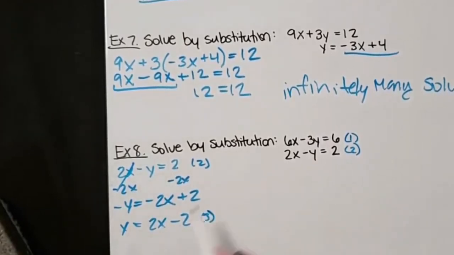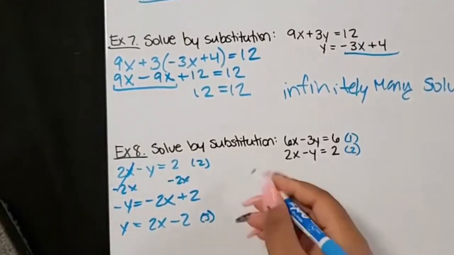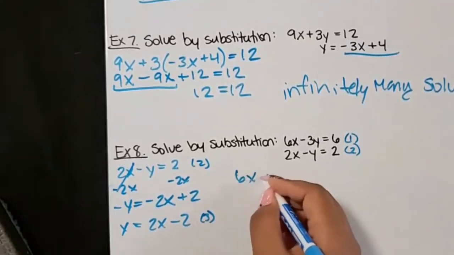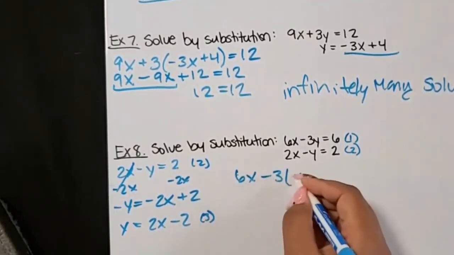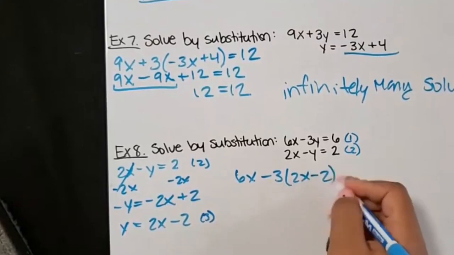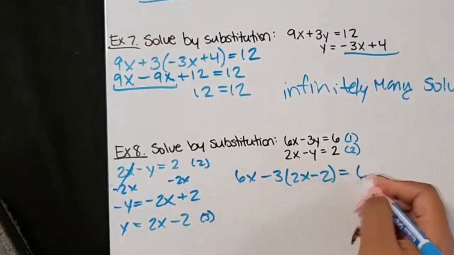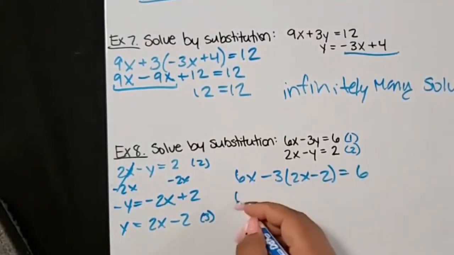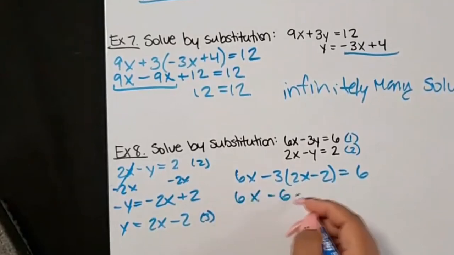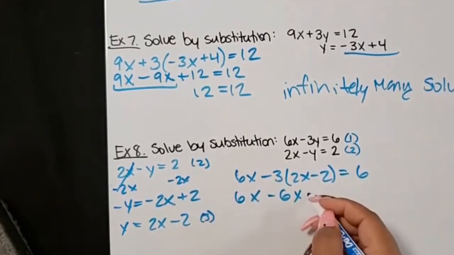Now I'm going to plug this in into equation number 1. We got 6x minus 3. I'm going to plug in 2x minus 2. We got our equals 6. Going to distribute quickly.